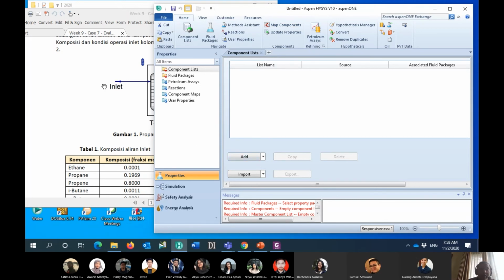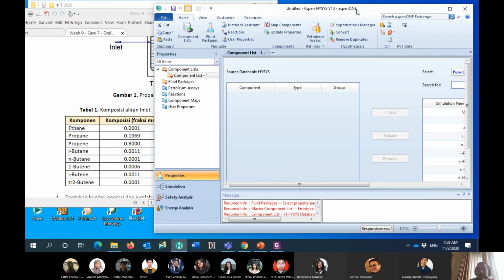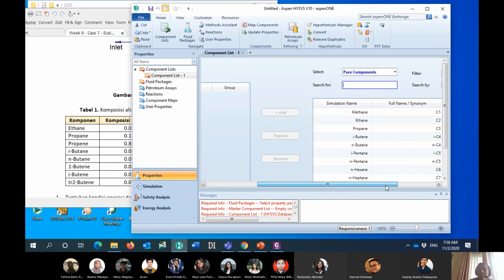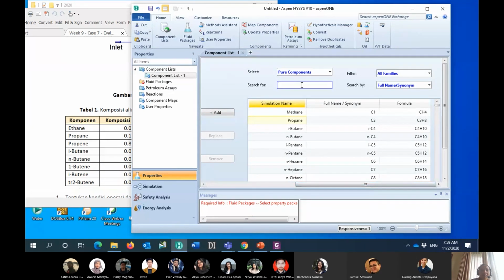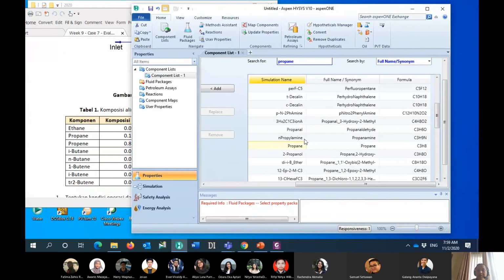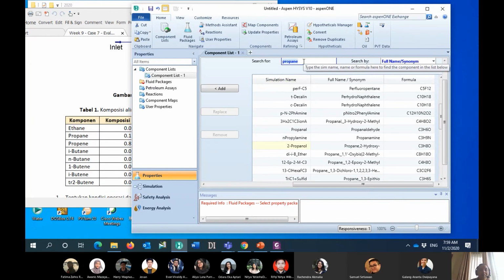So I will add the components. The components that I will add in this case, I will follow table number 1. So I will start with the ethane, and then after that the propane, then propene.